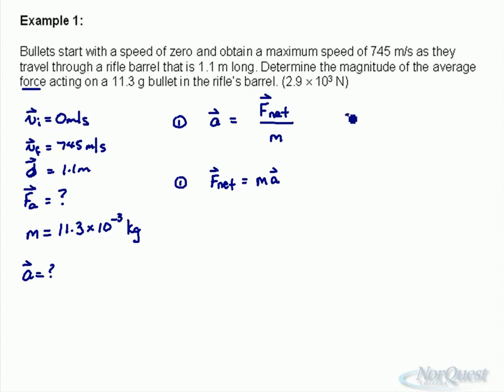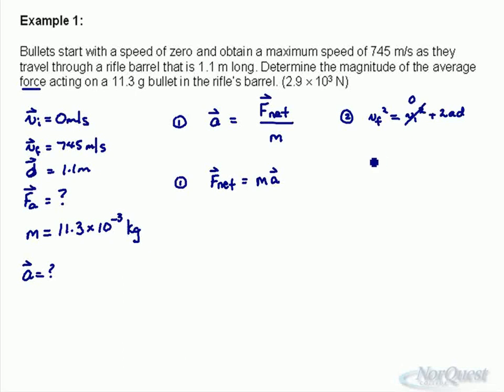And I hope you look at this formula, VF squared equals VI squared plus 2AD, and use this formula to find acceleration. Now, since the VI is 0, that makes this formula a little easier to manipulate.